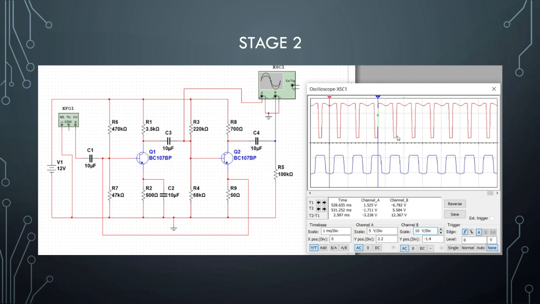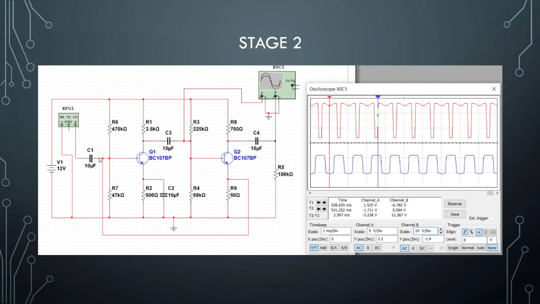Then the current flows through transistor 2, resulting in the signal being amplified from negative 3.2 as input at channel A, which is the negative that we get from here, and then the output at channel B is 12.36 volt, which is a positive value.